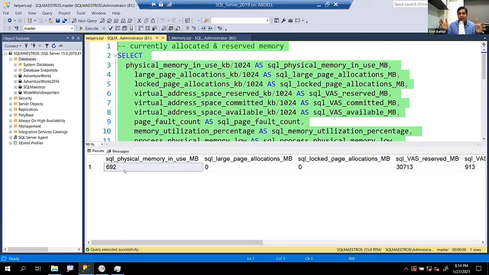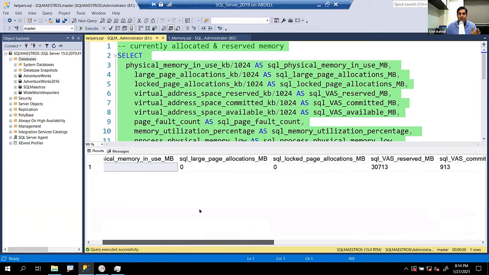The reason I have all 3 tools open, and these are native mechanisms of extracting memory information, is that you are most welcome to use a lot of different third-party tools out there, but I would like to stick to these 3 for the time being. I have all 3 open to show you that DMVs are the most authentic way of getting memory information or SQL Server internal information, and that will be evident to you in a while.